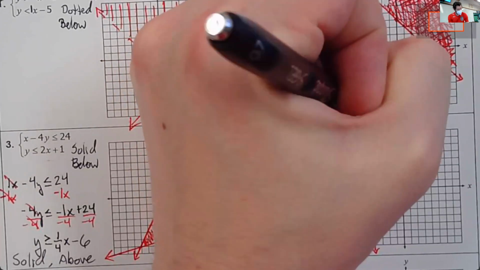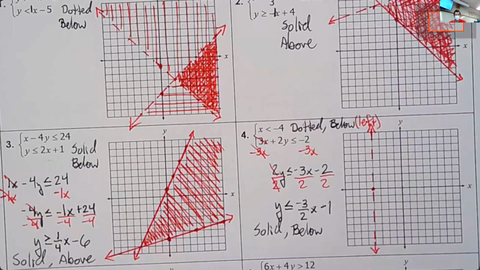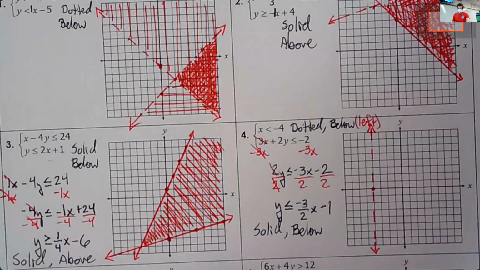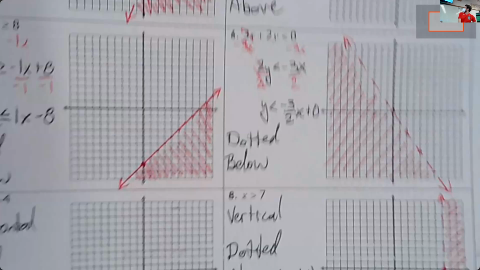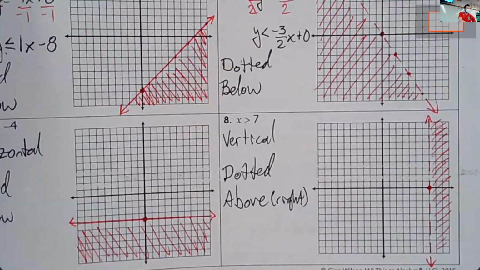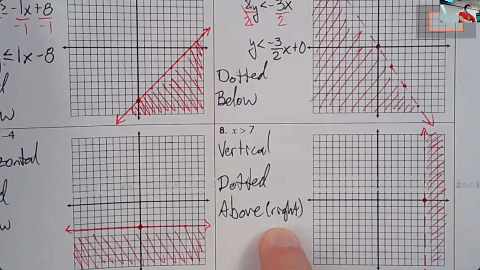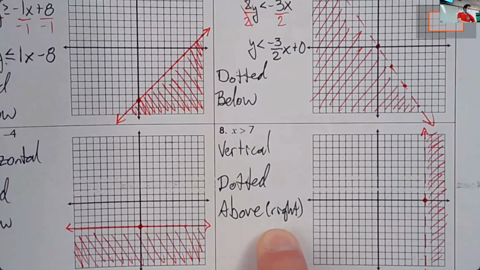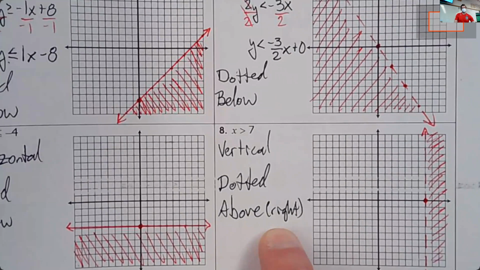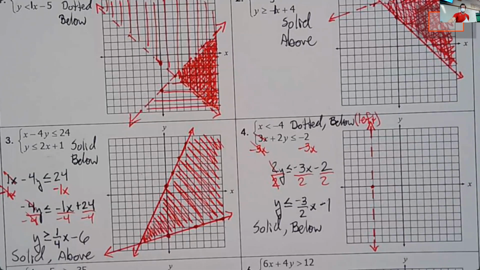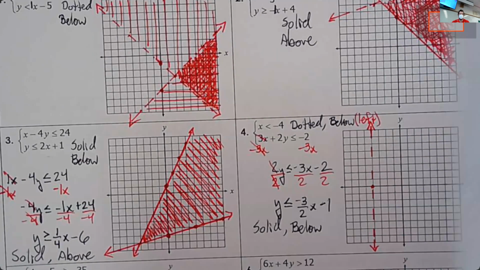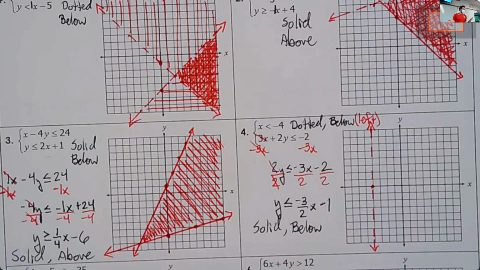So below with vertical means left. And yesterday when we saw this on our notes, we made a quick note that above on a vertical line means to the right. Above means to the right because you're going in the positive direction on the x-axis for above and to the negative direction on the x-axis for below. So above and below with vertical doesn't mean up and down, it means left or right. And so we'd shade on the left side of that.